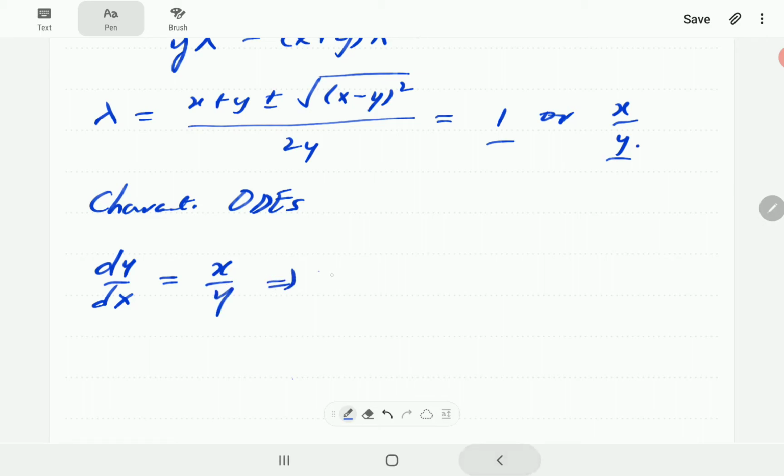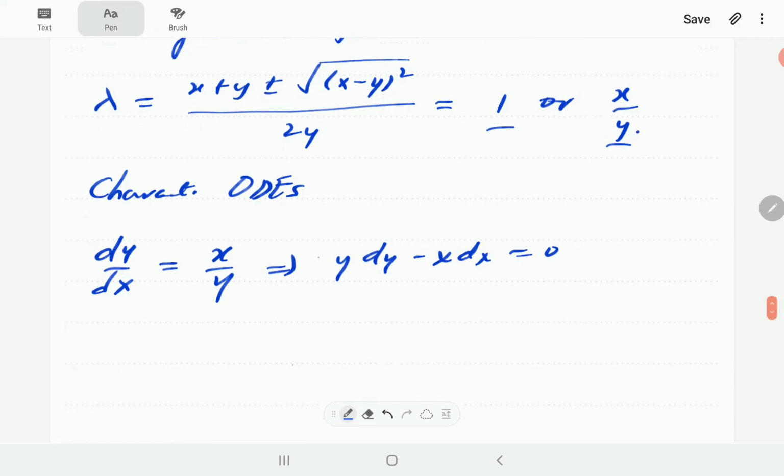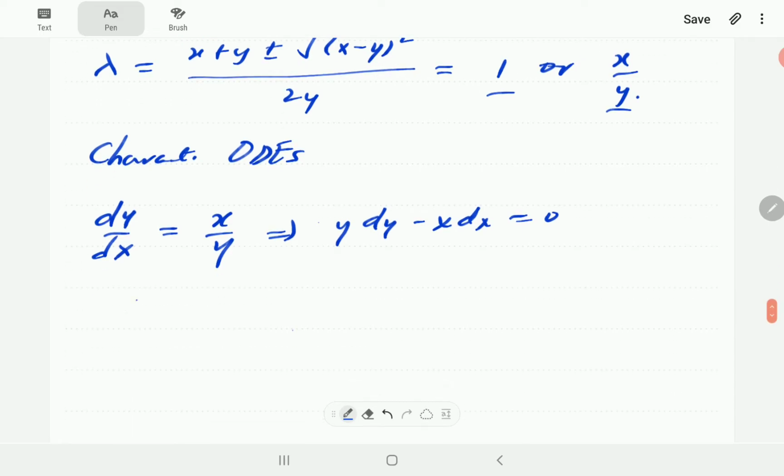So this is going to give us y dy minus x dx equal to 0. In integrating that, it's going to give us y squared over 2 minus x squared over 2 is equal to some constant c1 asterisk.